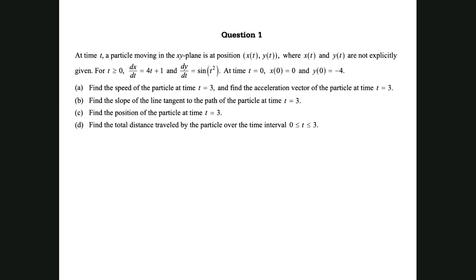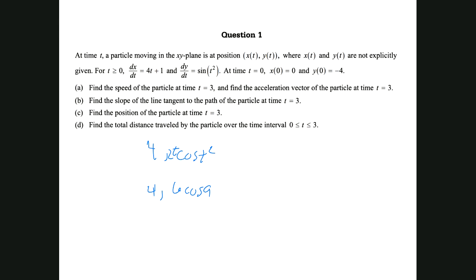Find the acceleration vector at time t equals 3. The derivative is cosine of t squared times 2t, right? So I'm looking at 3. Wouldn't that just be 4 here? And if I put 3 in here, wouldn't this be 6 cosine of 9? Obviously you would need a calculator there.